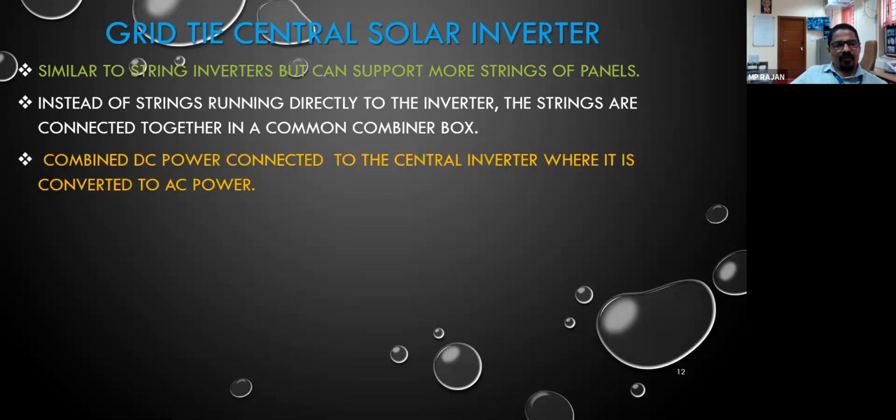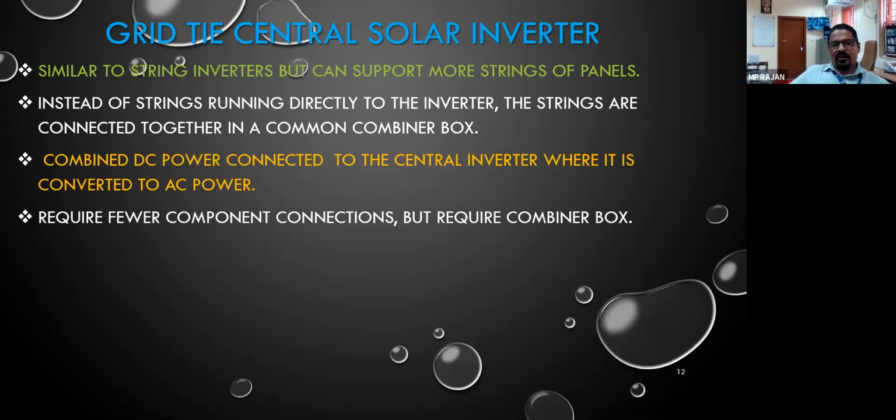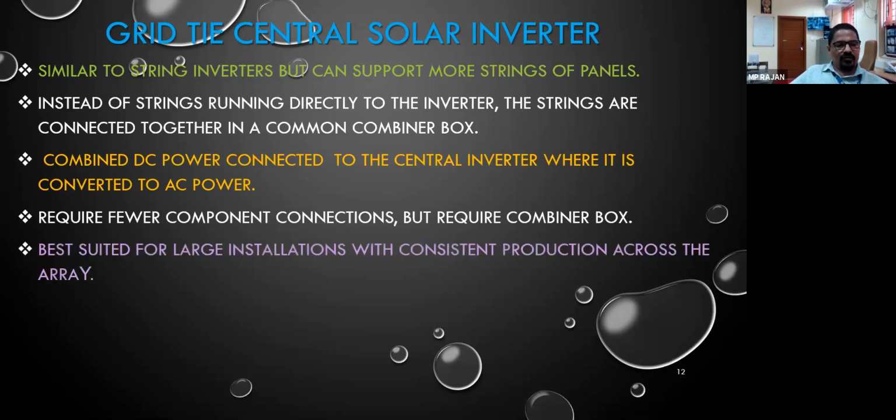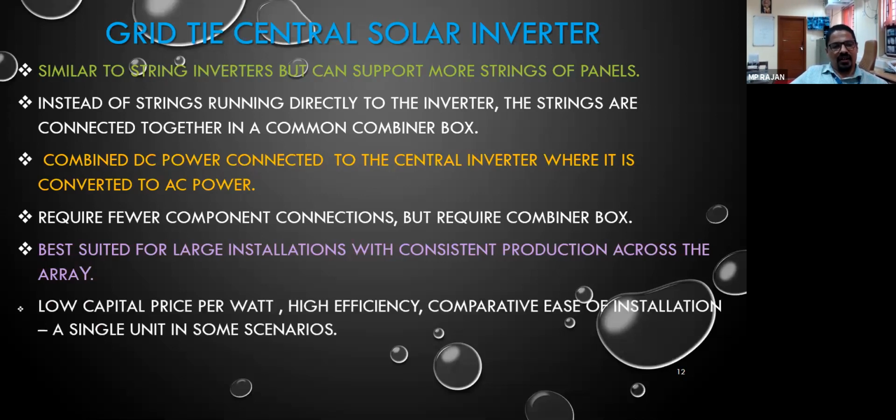Okay, so it requires a combiner box. It is suited for a large installation, a very big project. A central inverter is used where you will not have space even for string inverters, and it would be more congested. So for consistent production, we can have this central inverter at a low cost per watt. Of course the initial cost is high, but when you consider the per watt price, it is low and it is highly efficient.